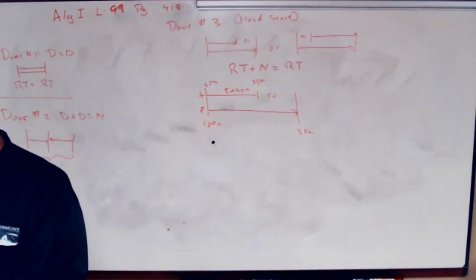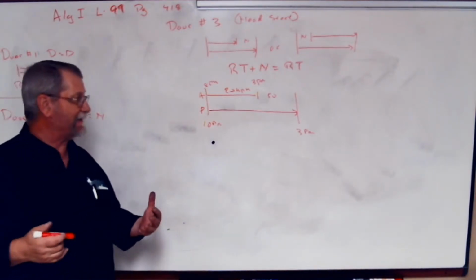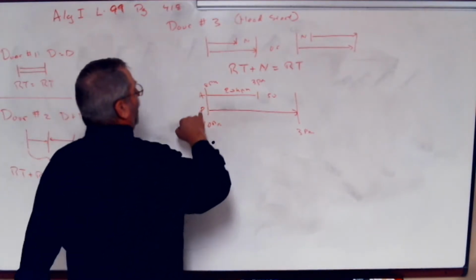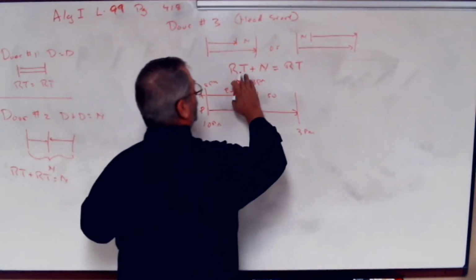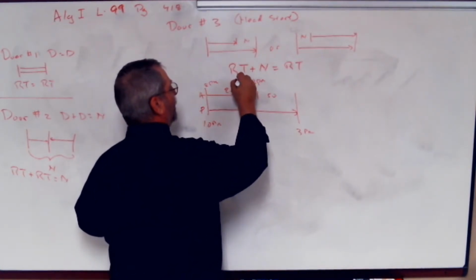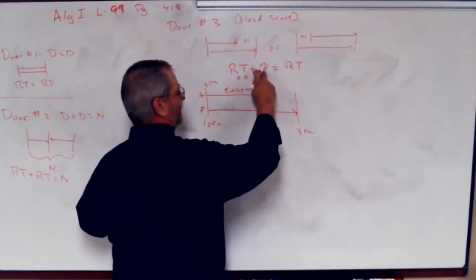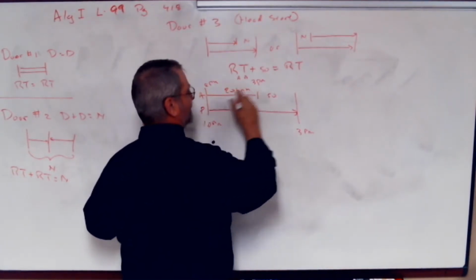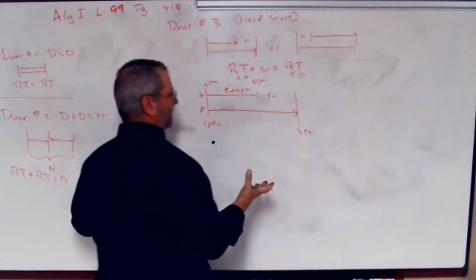Okay, and we're looking to find Pat's speed. So let's just start looking at stuff. Here's our thing. We've got A and A, because the 50 goes here, and down here this is P and P. Does that make sense?